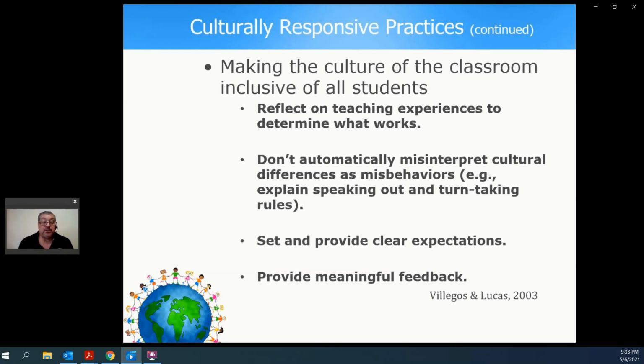You should not judge, or you should always be open to the diversity of students and not necessarily assume that they are trying to act out or misbehave. And then set and provide clear expectations. That's important too. You have to set expectations for students and then provide feedback.